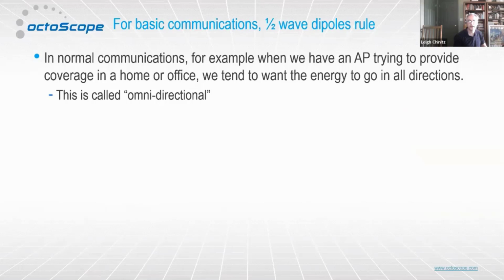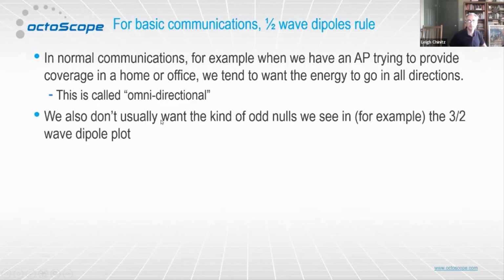Same is true for a cell phone, where the person holding it doesn't know where the base station is that they're talking to. Therefore the right way to design that is so that the energy coming out of that cell phone is going in all directions, so that it can communicate with the base station anywhere, no matter how that person is oriented. And that's called omnidirectional. So the energy is coming out in all directions.